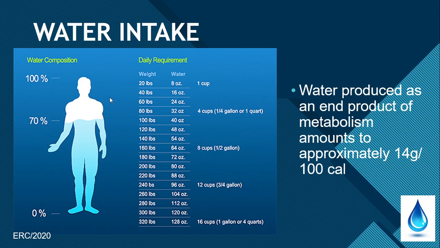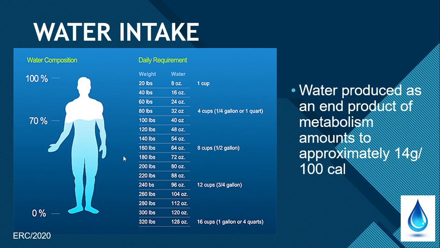For persons weighing 40 pounds, it should be 16 ounces. For persons weighing 160 pounds, at least 8 cups or 1/2 gallon of water. For those weighing 240 pounds, the person must have a water intake of 96 ounces.